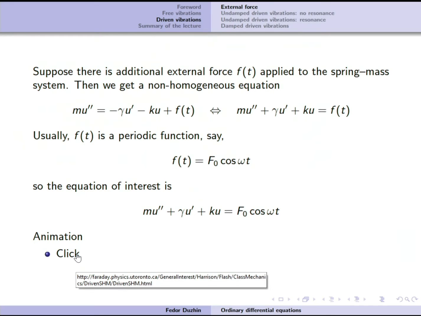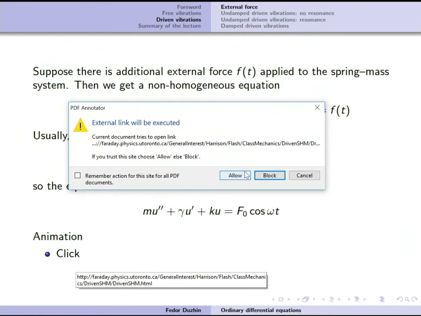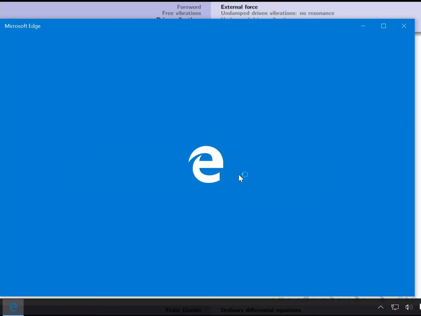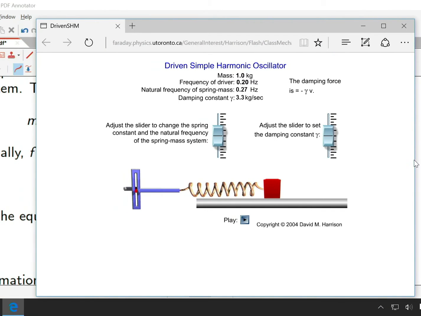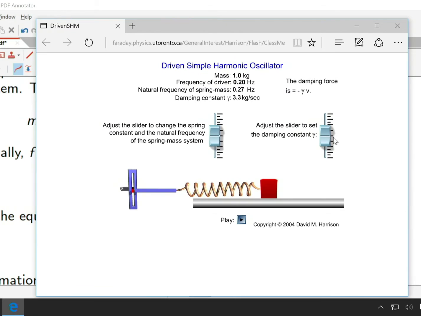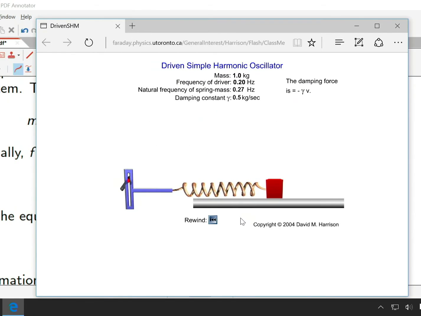A little animation for you. For example, here, let me make the damping smaller. So let's play it.